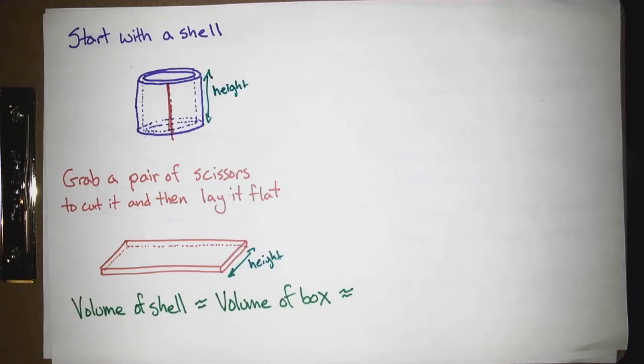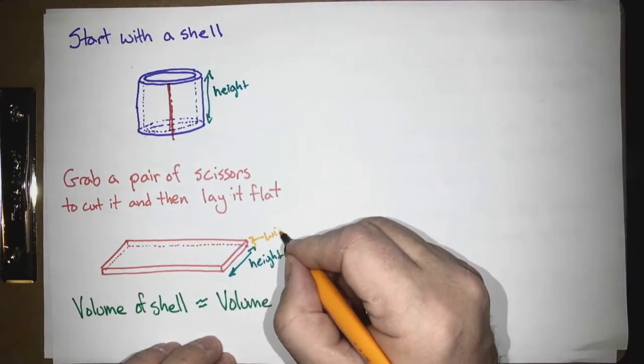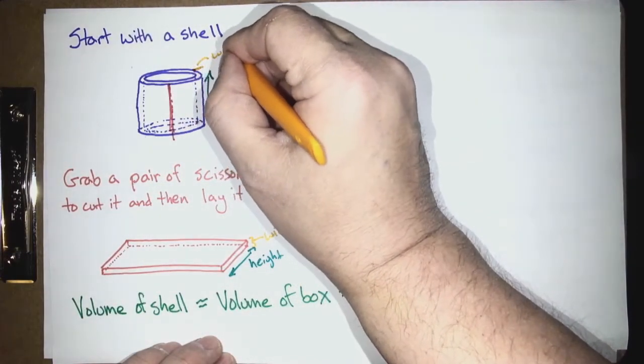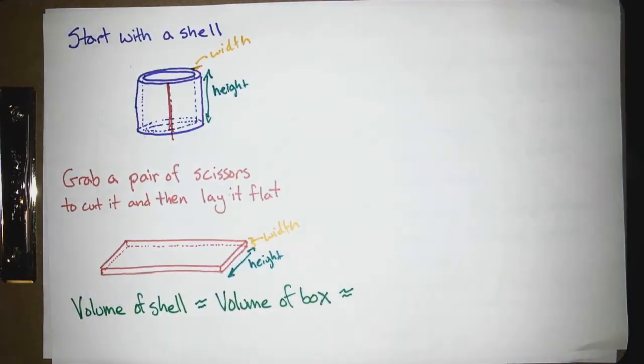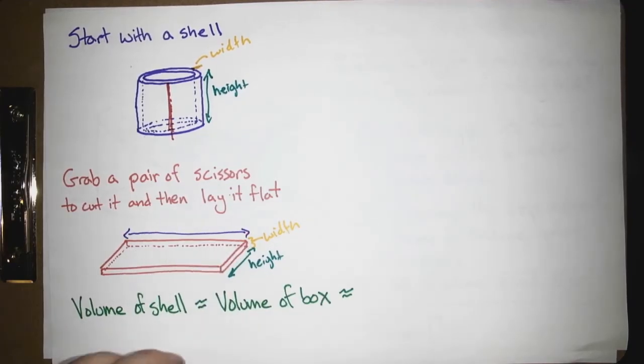Now, we also have another measurement that's pretty easy to identify. And this measurement here, we'll call this our width. So it's up here, this is our width. So the last part, that's the one we need to think a little bit about. It's not going to be too bad. I don't want to make it sound super mysterious. But what is that length?